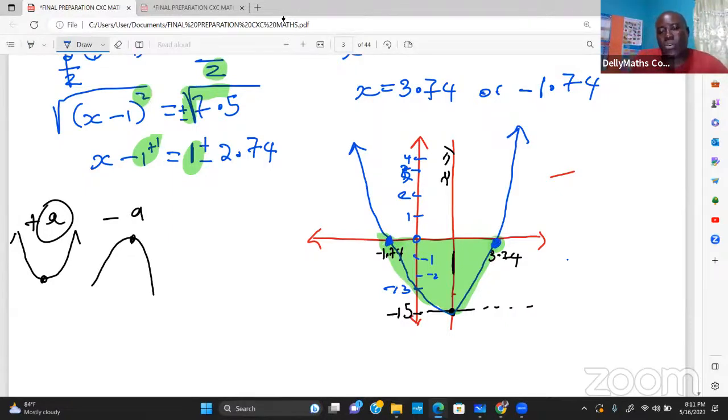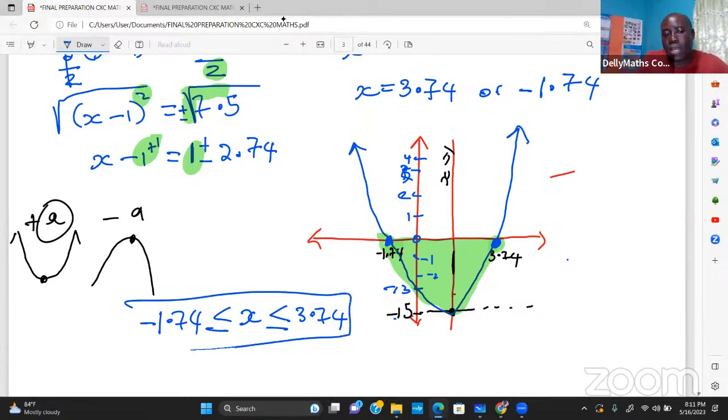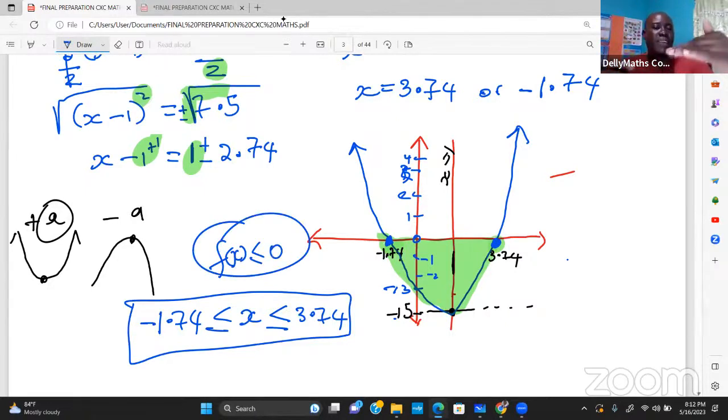So to answer that question, you're going to stand between your two solutions. Look at it. You're going to stand within your two solutions and describe the region. You're less than or equal to 3.74, but you're greater than or equal to negative 1.74. I'm just saying, look at your solution. First, you have to understand what they want, but because they said where f of x is less than or equal to 0, I am saying having a visual, quickly look so you can have an idea.